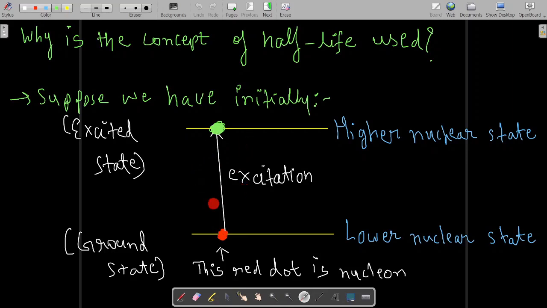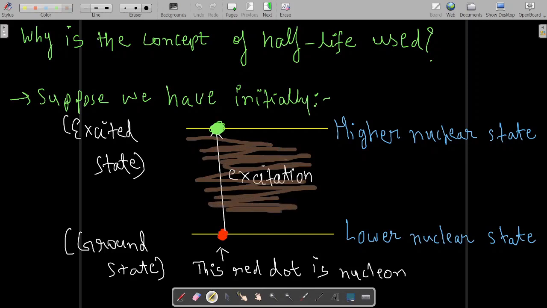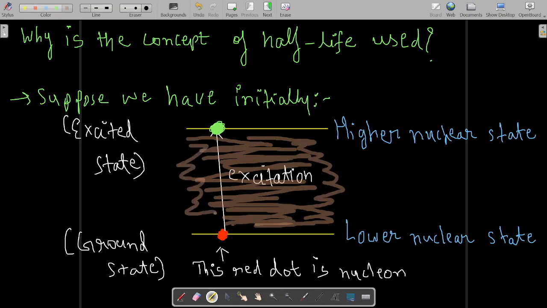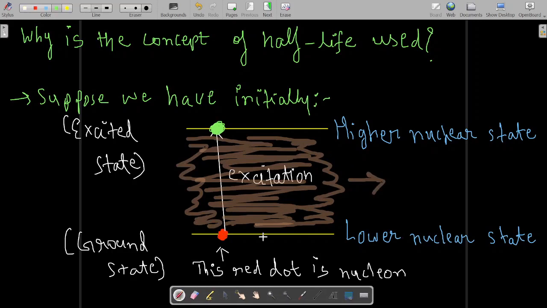There are no intermediate levels of energy present in this. This entire region between the two energy levels is the forbidden region, meaning no nucleon can reside in this in-between region because it is forbidden.